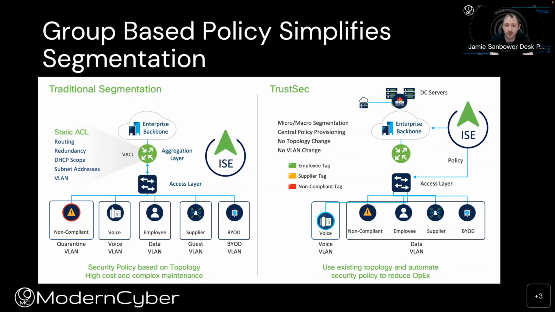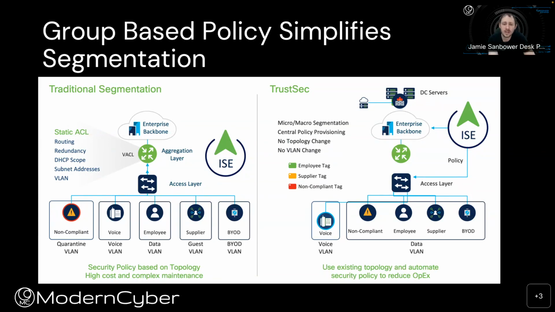We've got to create the routing redundancy, a DHCP scope, and subnet addressing to even enable that single use case. If it's across 100 sites, I might need to deploy that to 100 locations. This means I can only scale segmentation as much as my network can scale, and it's a very difficult task to work through both design and in operations.